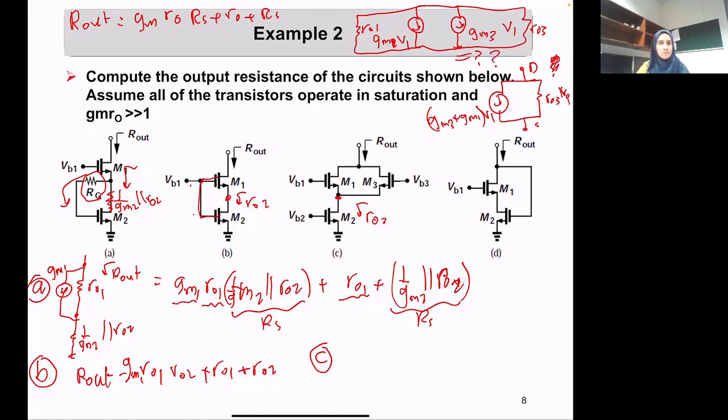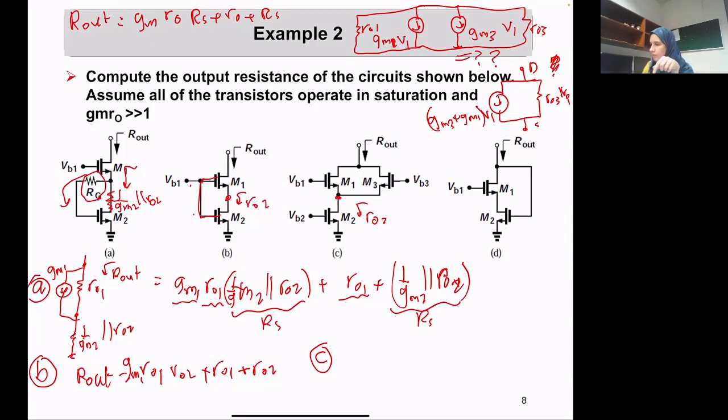Isn't it the same? So when we have two transistors in parallel with each other, their equivalent circuits both have current sources in the same direction, in parallel with an output impedance.